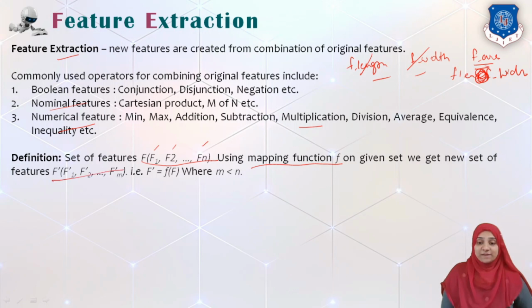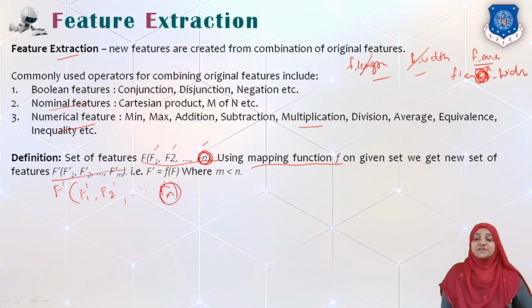The new set of features is called F', and here we will have all new attributes f1', f2' up to fm'. As you can see, originally there were n attributes and now the new feature space has m attributes, and it is always that our new feature space has fewer attributes than our original feature space. That kind of mapping function is called the feature extraction process.